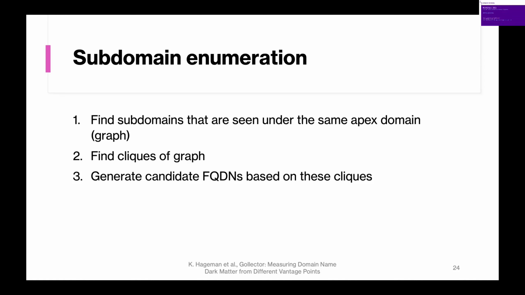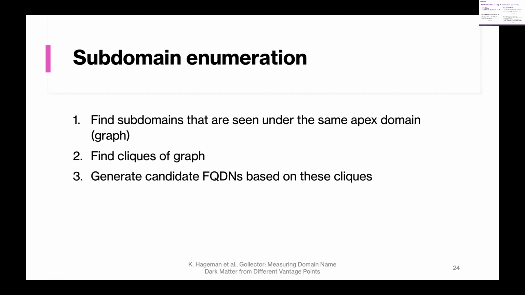Using this huge graph, we found cliques, which are subgraphs in which all nodes are connected to all other nodes. This was based on the assumption that all these subdomains in a clique are highly related and correlated to each other, because all of them are seen at least once under the same apex domain.